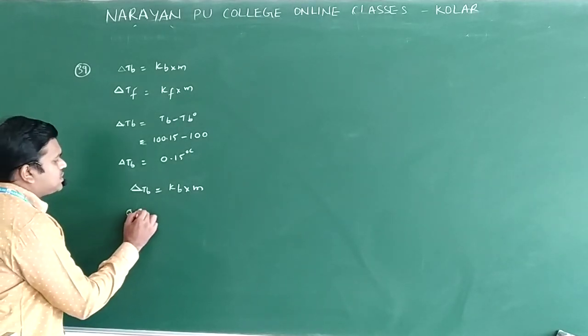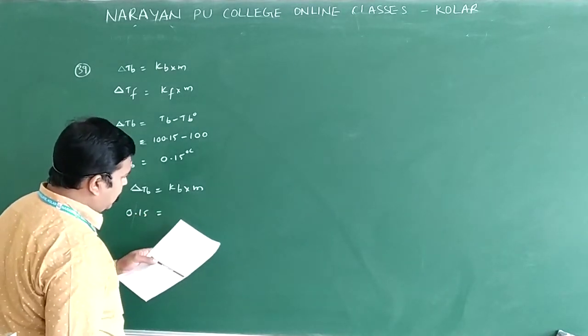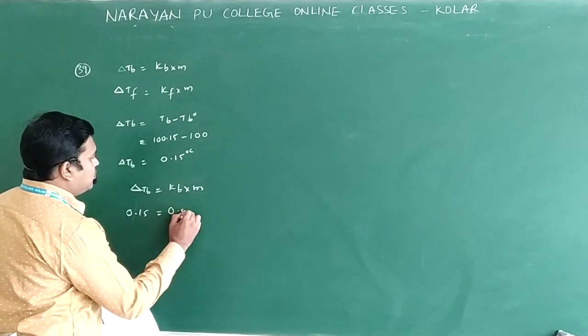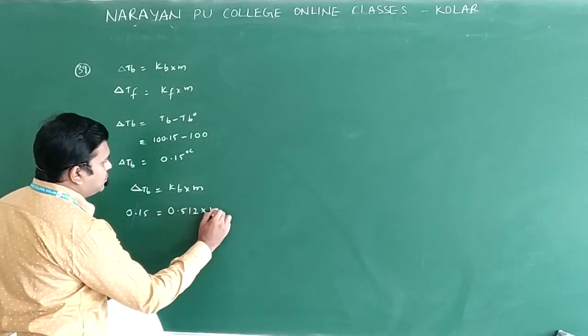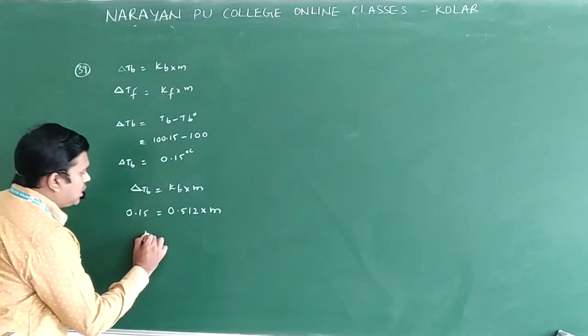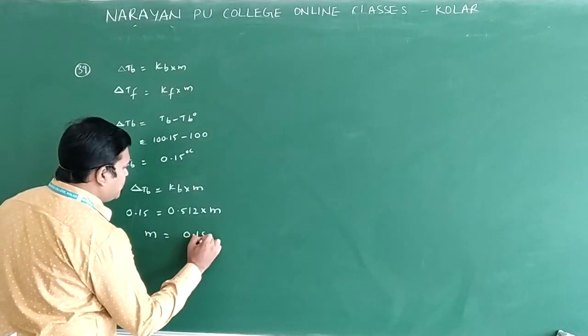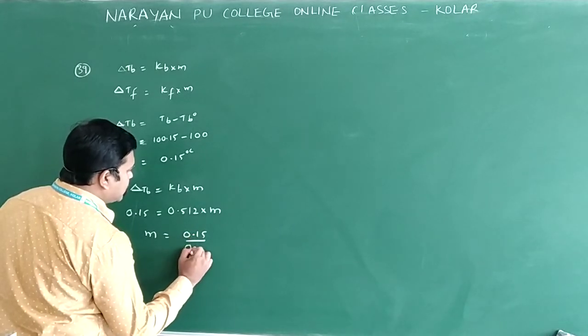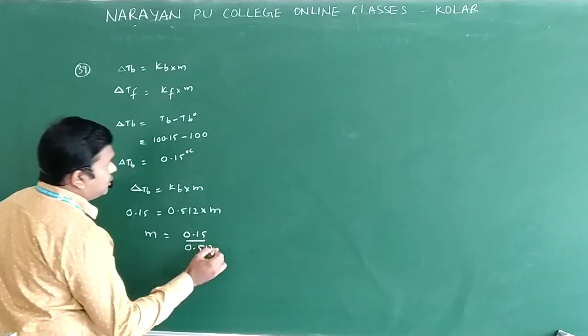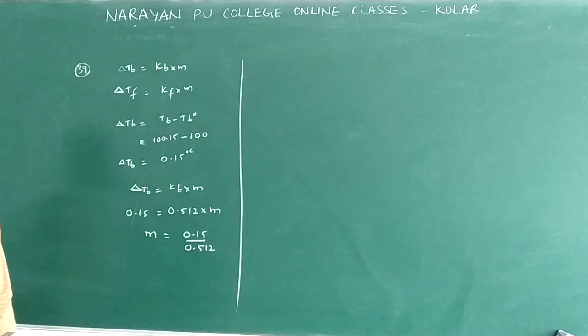Now I am taking 0.15 is equal to 0.512 into small m. What is small m? Molality only. Now m is equal to 0.15 by 0.512.